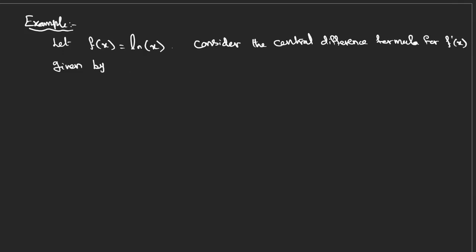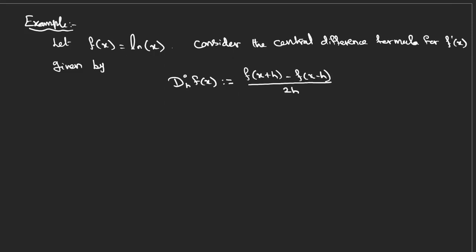If you recall, it is given by d h naught f of x. That is the notation we use generally for the central difference formula, and that is given by f of x plus h minus f of x minus h divided by 2h.